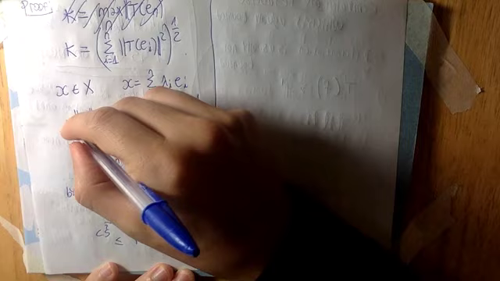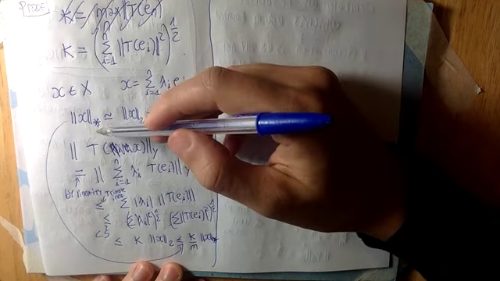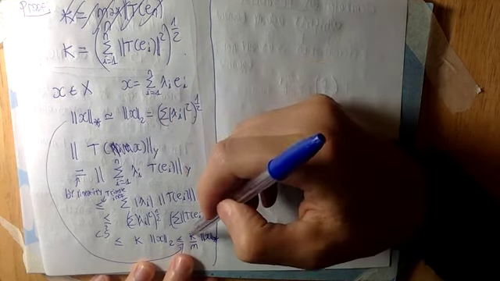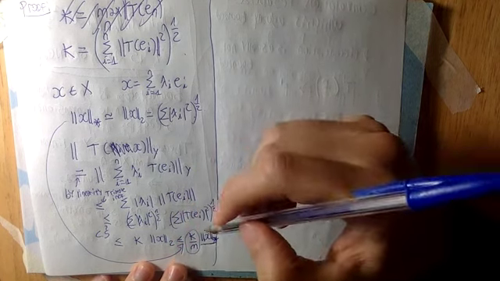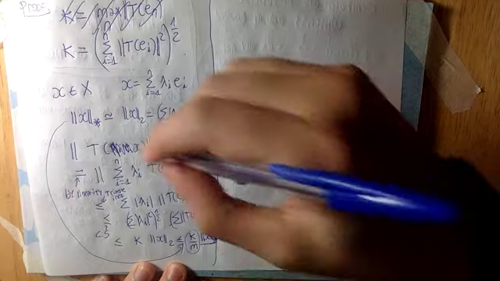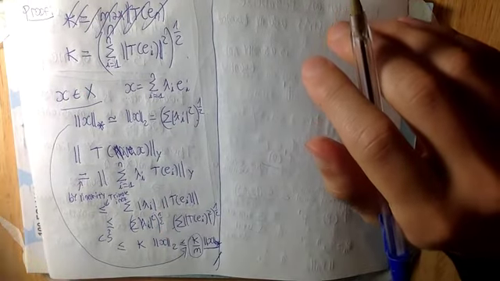And this is because all of the norms are equivalent in finite dimensional spaces. This actually shows that the norm of T of x in Y is less or equal than k over m of the norm that we had originally in X. So this shows boundedness of these operators.